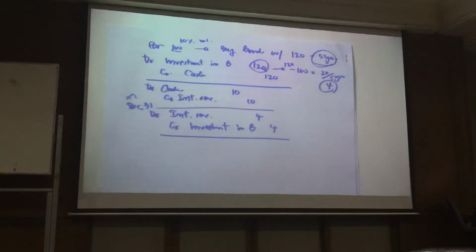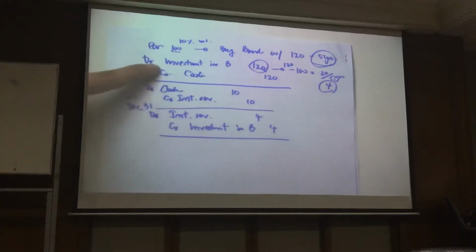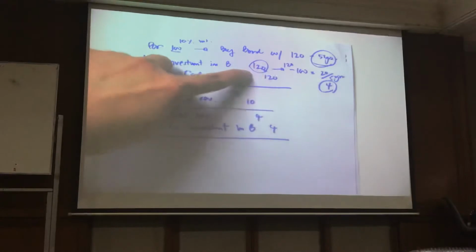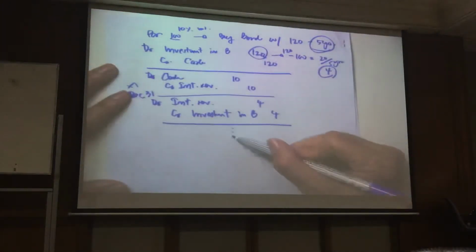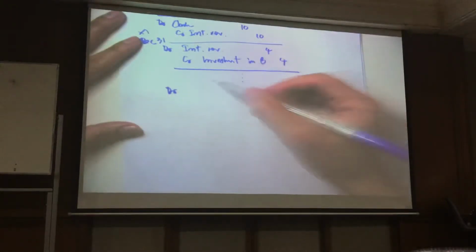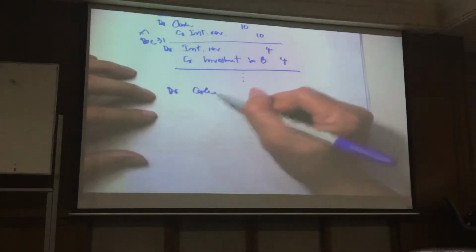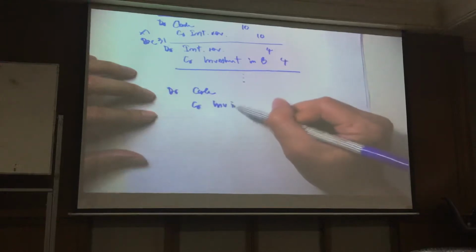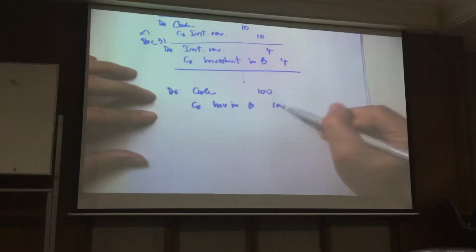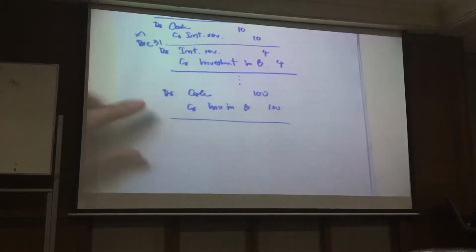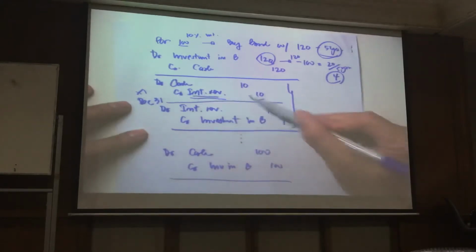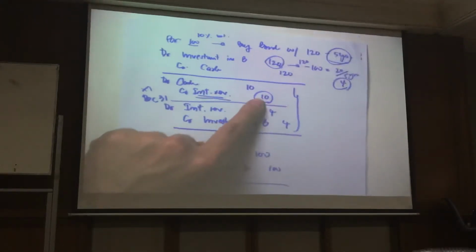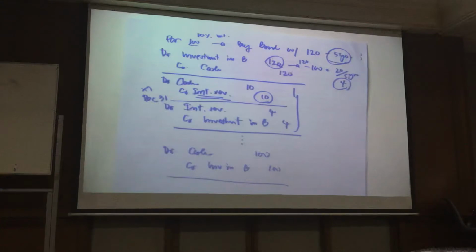After you finish 5 years, investment in bond drops from 120 to 100. And once you get the money back, you debit cash and credit investment in bond for 100, because you get the bond back at par. Take a look at this: the coupon rate is 10, and the cash you got is 10.